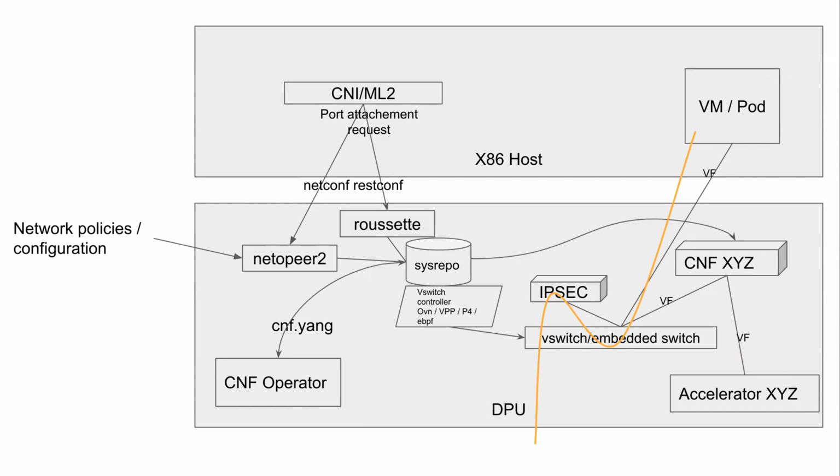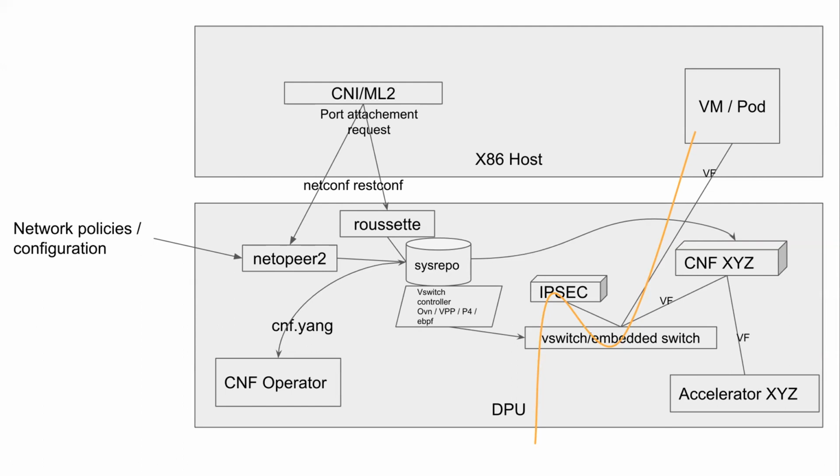Another question on the CNF XYZ. This is something, for example, in this use case, implemented and provided by OpenShift? Well, yes, and that CNF shall be deployed by OpenShift, indeed, from the DPU cluster. So that means that you will have a separate implementation of CNF per DPU vendor, right?